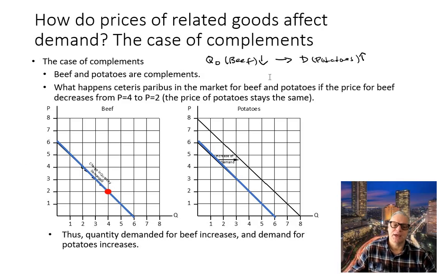So that is the case when we have a complement. And when it comes to a complement, there is an inverse relationship, because when the price for beef goes down, demand for potatoes goes up. Okay, so that is the case of a complement, and now let's do the case of a substitute.